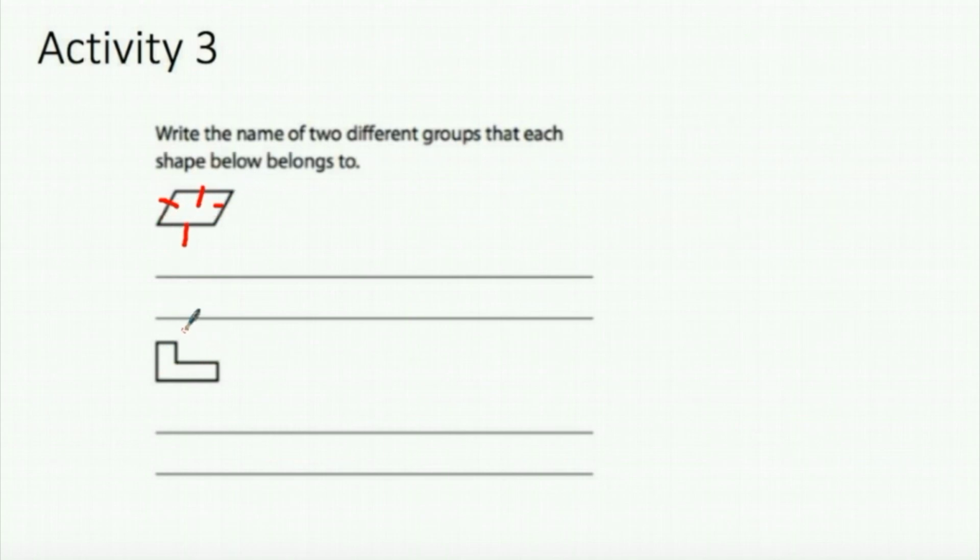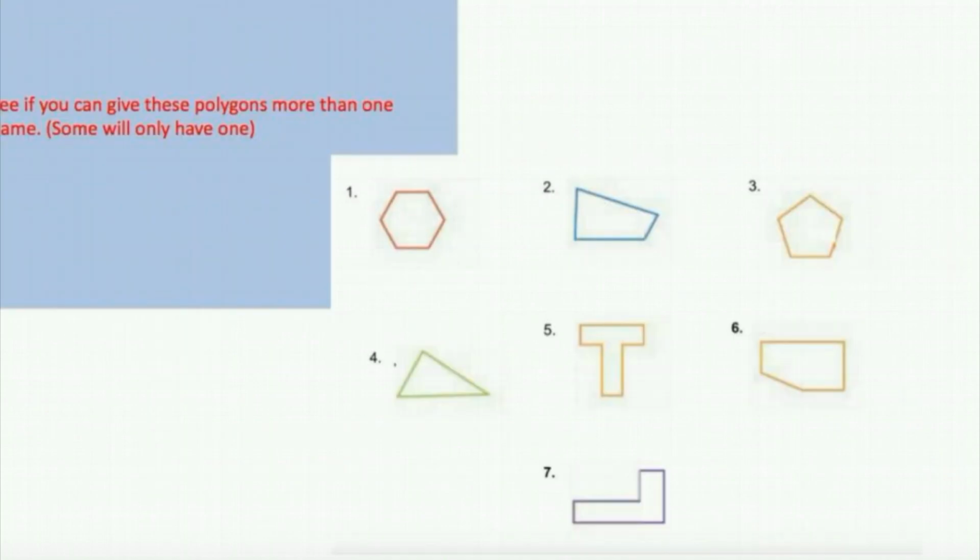And then here, same thing, sides and angles. 2 different groups. So what are 2 different names that you could call these 2 shapes? Now don't forget about my umbrella when I talked about the quadrilaterals and that top umbrella and then all those 4 sided shapes below it.